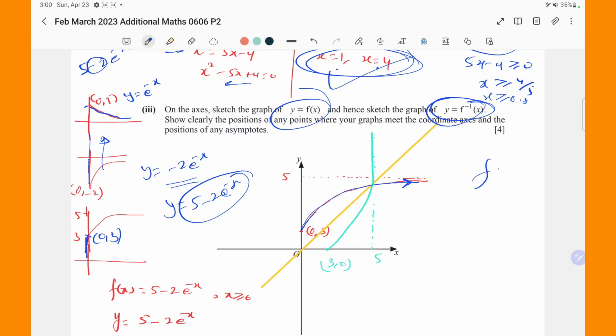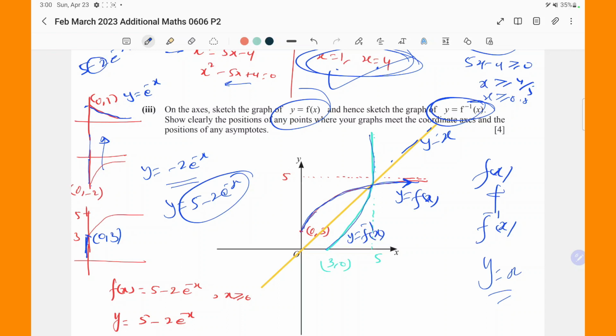You know that f(x) and f inverse x are mirror images with respect to the line y equals x. That's why I have drawn the line y equals x, which you can check, and I'm trying to draw the image. So this part's image is this part, and this part's image is this part. Here it's the horizontal line 5, here it's the vertical line 5. It is 0 comma 3, it will be 3 comma 0. So if this is your y equals f(x), then this will be y equals f inverse x.